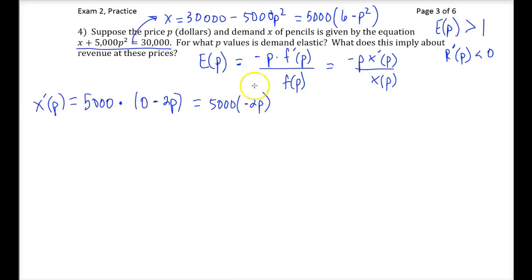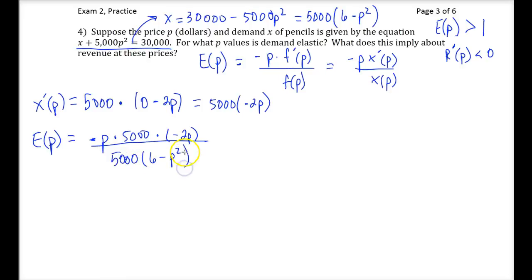If we fit that into our elasticity of demand equation, then we have a negative P times 5,000 times a negative 2P, and all that is going to be over the original function for X in terms of P, which is 5,000 times (6 minus P squared).